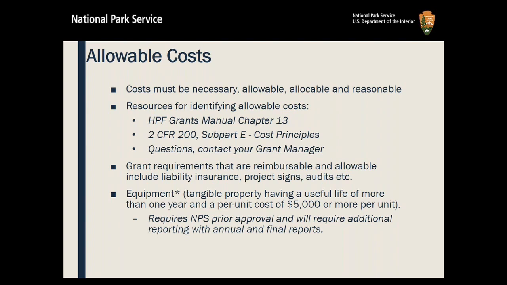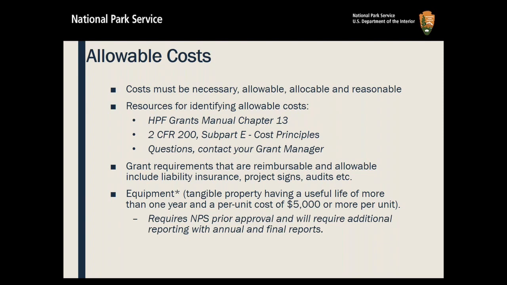So if it is an indirect cost, which a lot of allocable costs are, it's already divided up. Indirect costs may be charged because you have an agreement with your government agency as to how to allocate those to the different grant projects. Also, costs have to be reasonable, meaning they would not be more than what a prudent person would pay for a service or good at a given time.